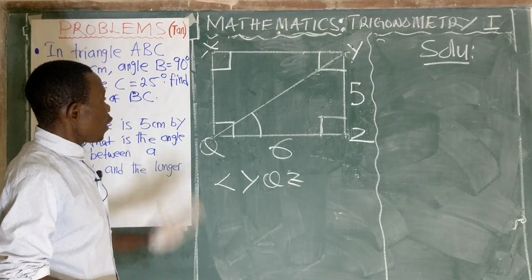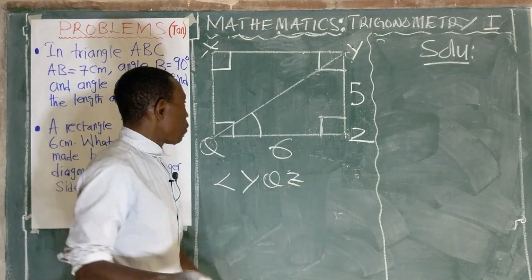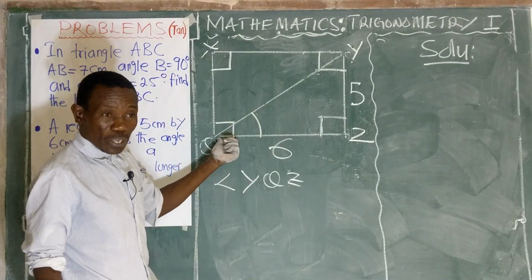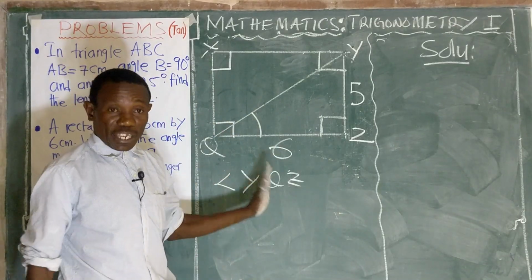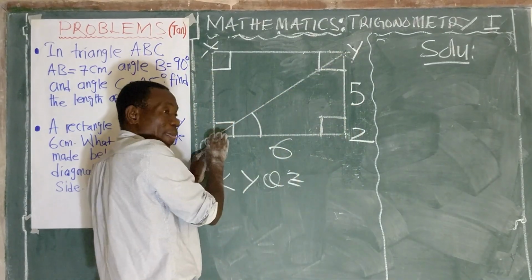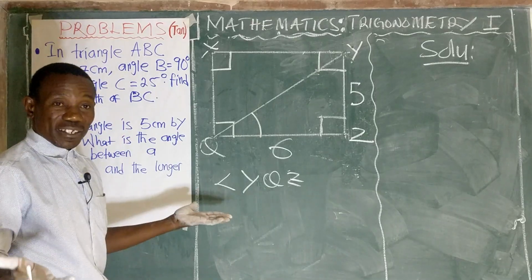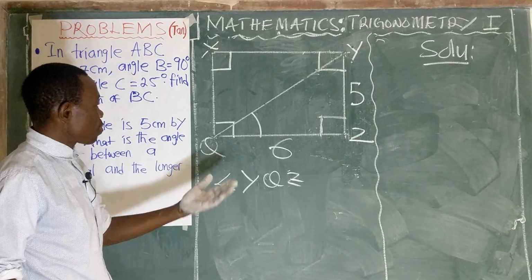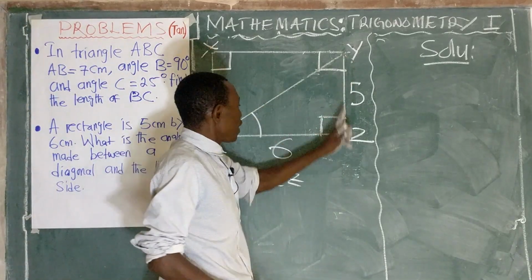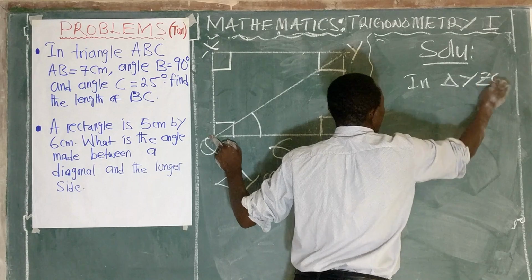In this case, if you are going to find the angle in a triangle, the moment we have drawn YQ as the diagonal, we have yielded a right angle triangle, which you can call triangle YZQ. Obviously, you are here to use the trigonometric ratios. You can't use Pythagoras to find the angle. So now you are in triangle YZQ. You write it, say, in triangle YZQ.